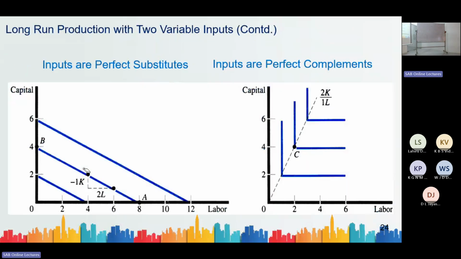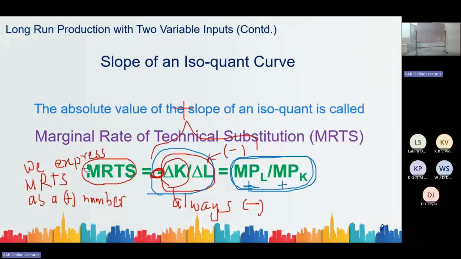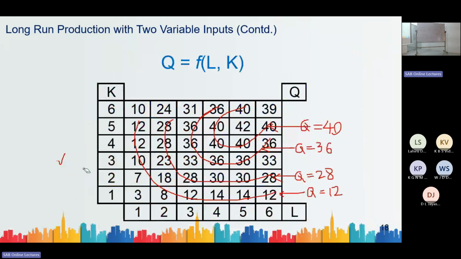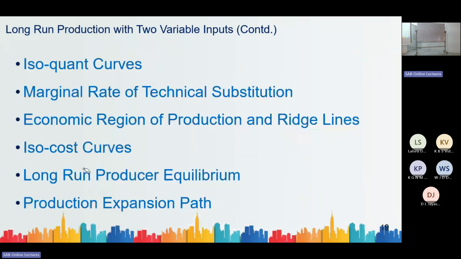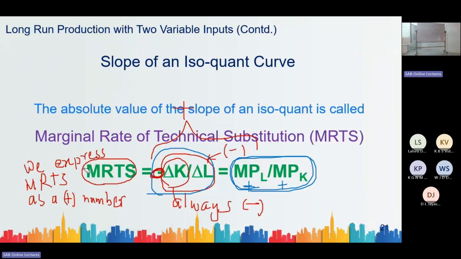So with this we have covered long run production theory. What we learned here is the isoquant curves. You should be familiar with the definition of isoquant curves, and the slope of an isoquant curve and its technical term, marginal rate of technical substitution.